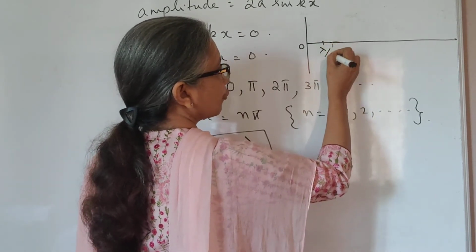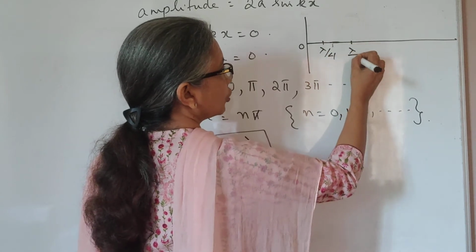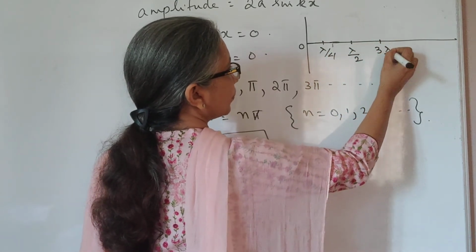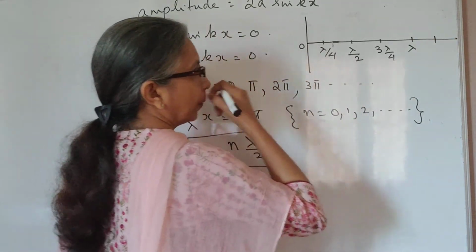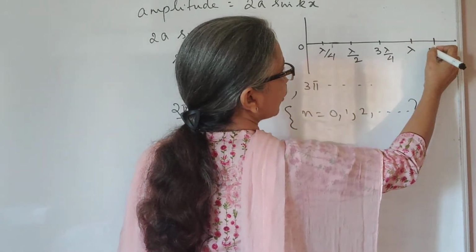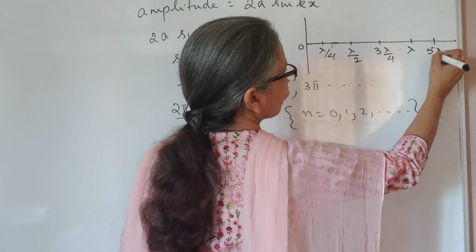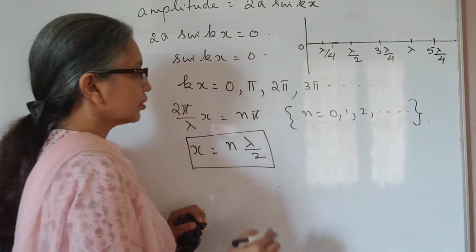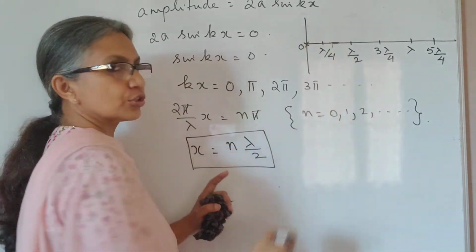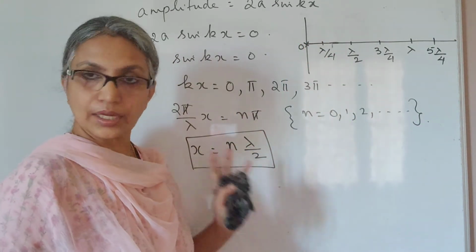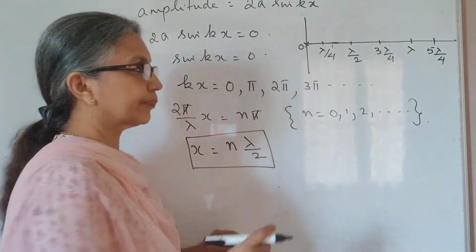That is, if I take these positions as 0, then this is, let's say, lambda by 4, this is lambda by 2, this is 3 lambda by 4, and then we have lambda, and then 5 lambda by 4 and so on. Okay. So if I now substitute n equal to 0, this is a position of node where the amplitude is 0, never oscillating.